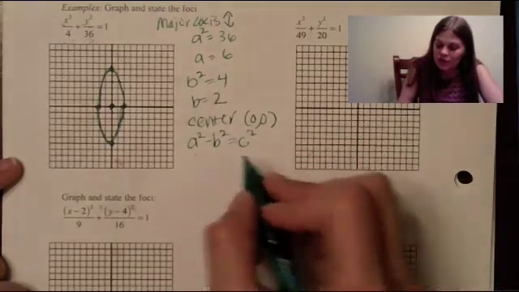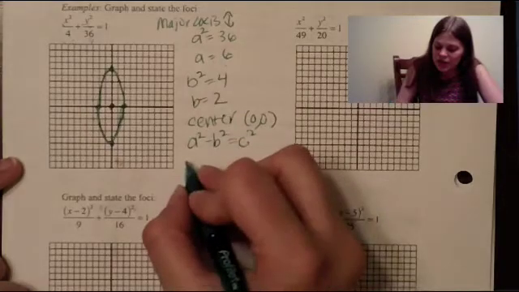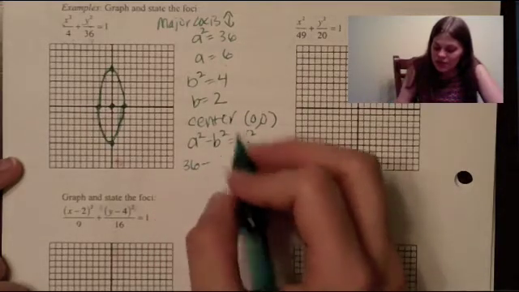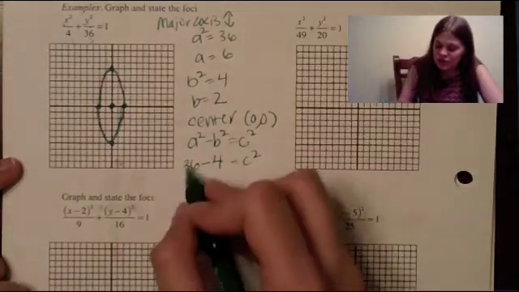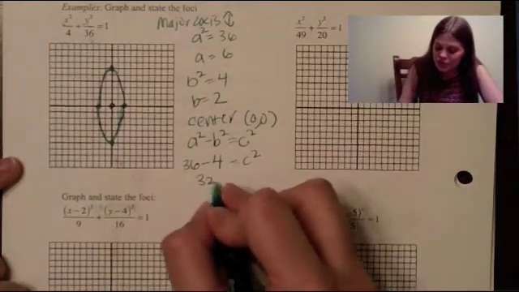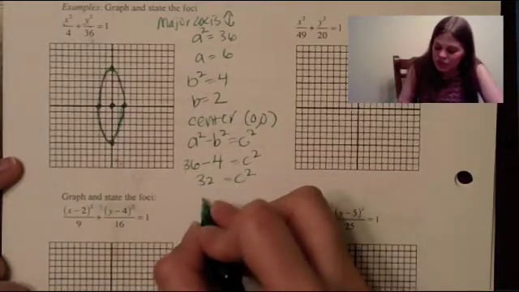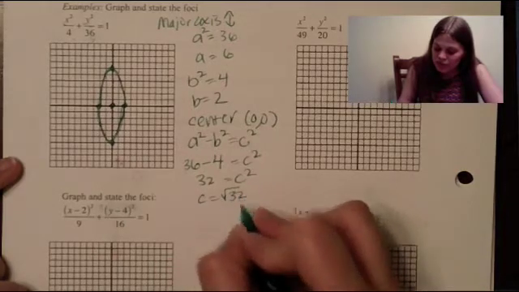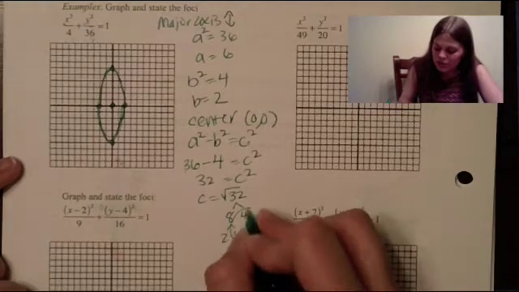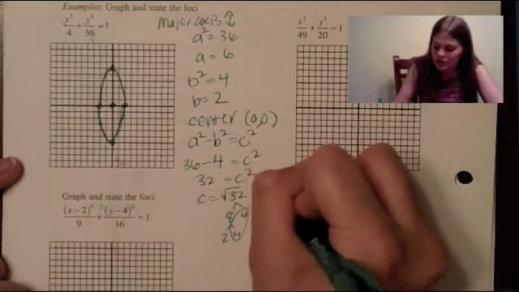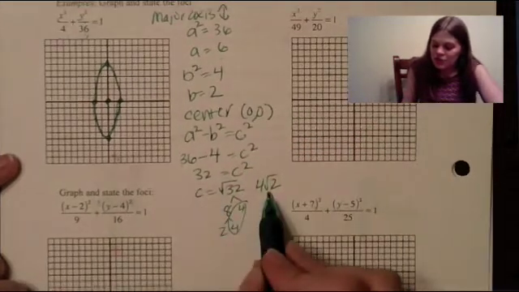Our a value is always the bigger one, so I'm going to take 36 minus the b squared, which is 4, and that gives you c squared. So 36 minus 4 gives you 32. So c is the square root of 32. Well, 32 breaks down to 8 and 4. This is 4 and 2. I have a pair of 4s and a lone 2. So our c value is 4 root 2.